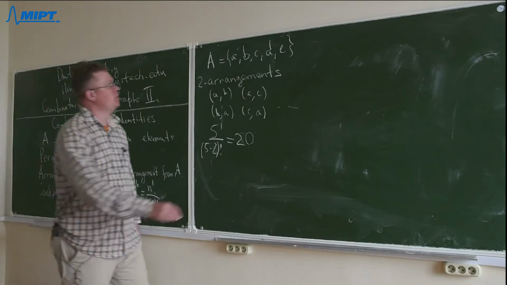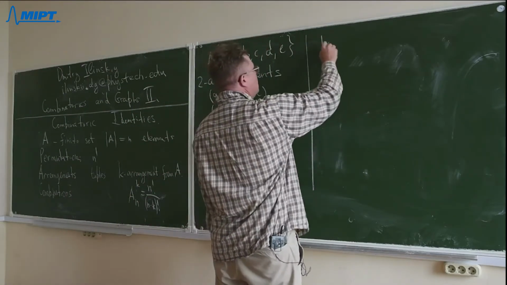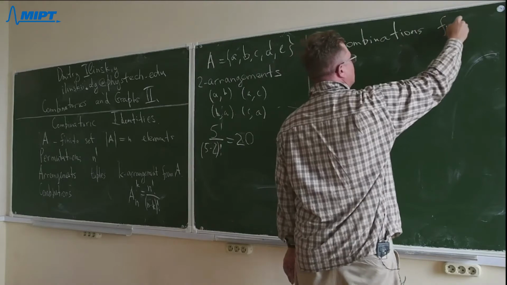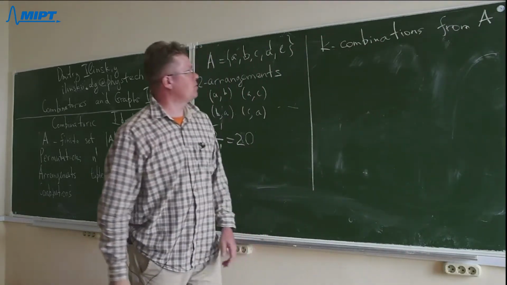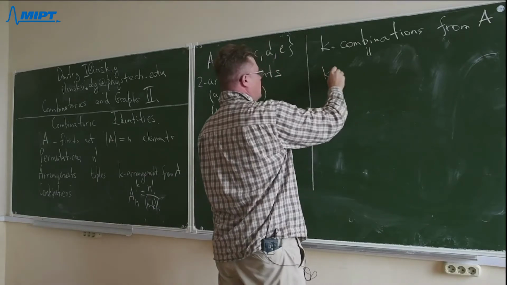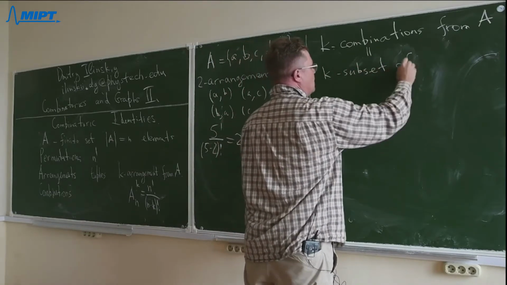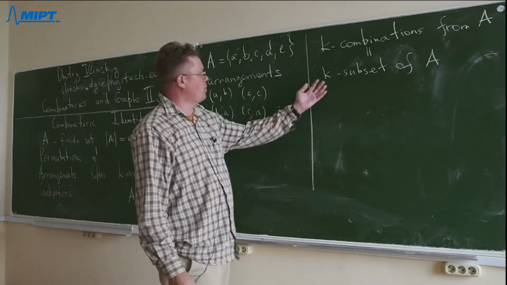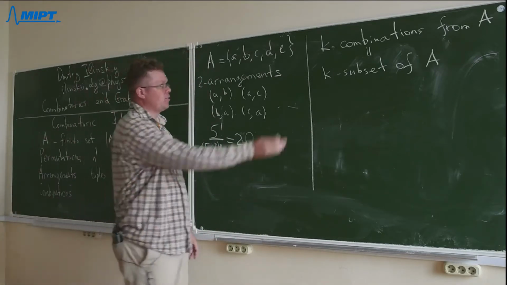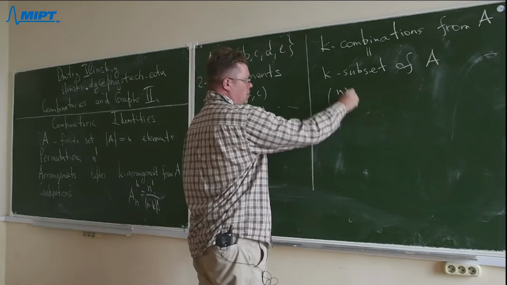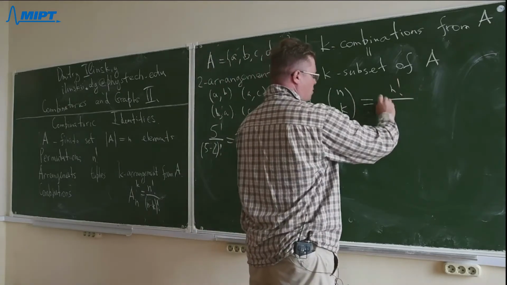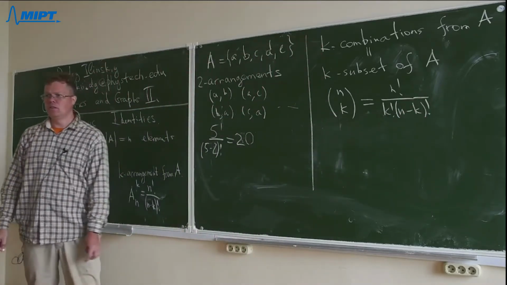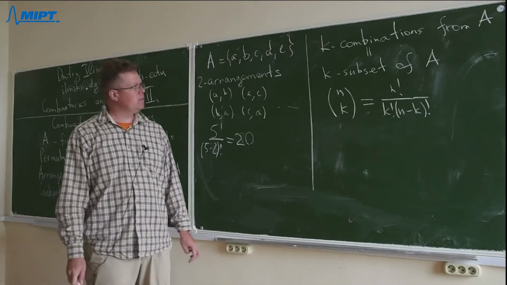So k-combinations from A are the same as k-subsets of A, and the number of all different possible subsets of k elements is n choose k, or n factorial over k factorial times (n minus k) factorial.